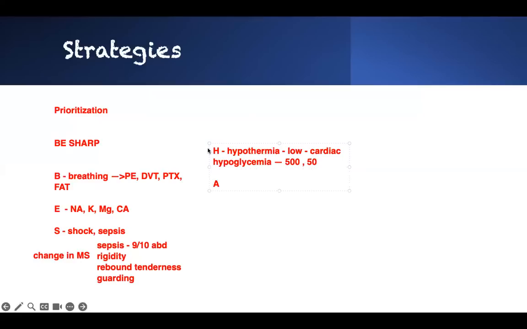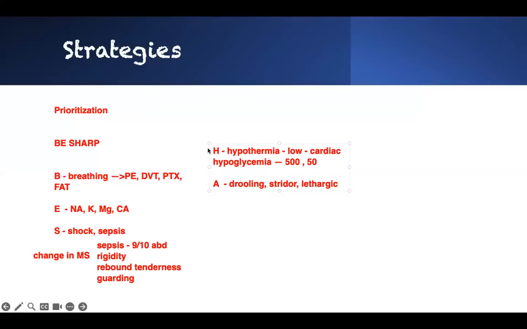Then the A is my airway. I'm looking for this word, drooling. I'm looking for stridor, okay? And I'm looking for other signs of somebody who is lethargic, because when you are lethargic, your brain function doesn't work, and your breathing system is in your brain.